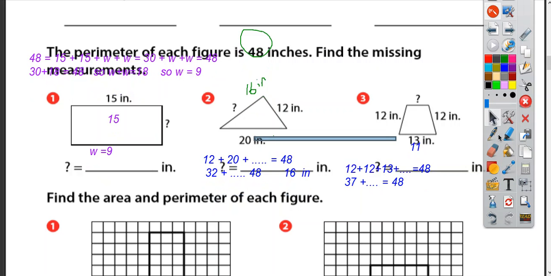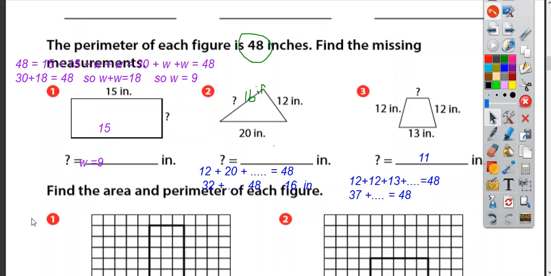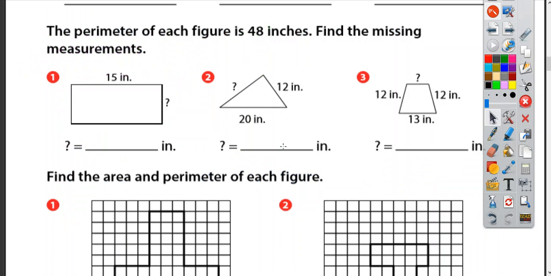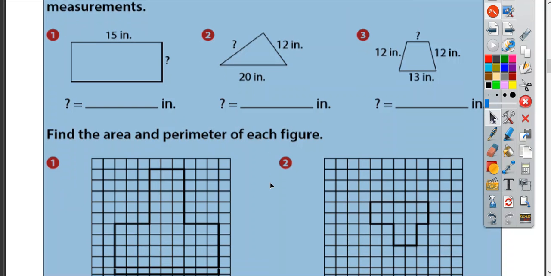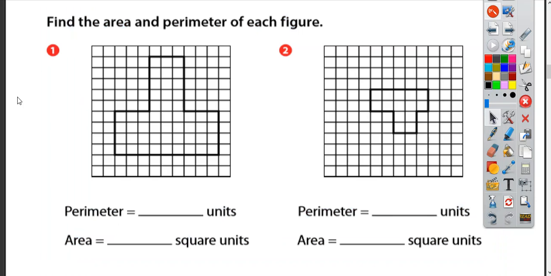Okay, let's go to the second question. Find the area and perimeter of each figure. They need the area and the perimeter, so here we go.